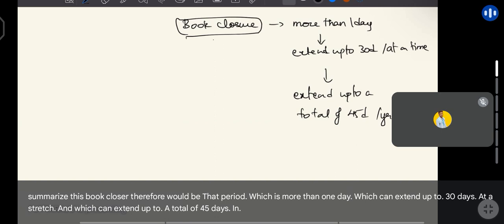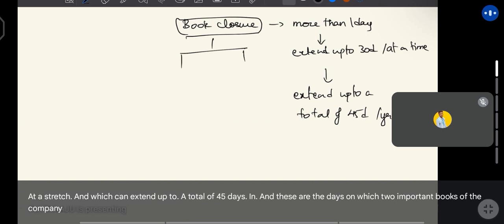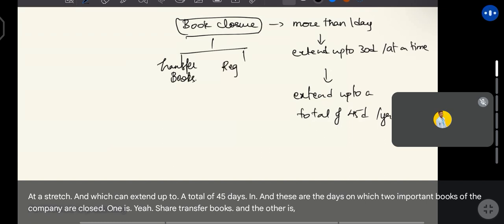And these are the days on which two important books of the company are closed. One is your share transfer books, and the other is the register of members.